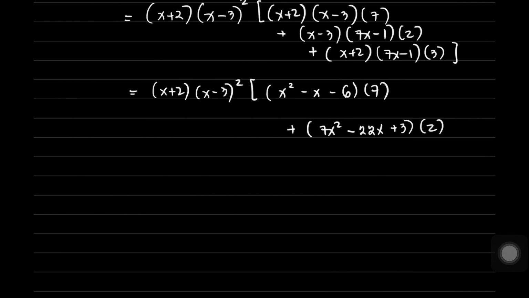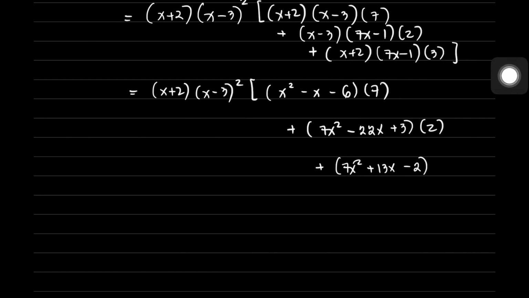Right? So for the last term here, we have plus x times 7x squared, so that is 7x squared. 2 times 7x, so that's positive 14x, minus x, so that is positive 13x. And then 2 times negative 1 will give us negative 2, multiplied by 3.